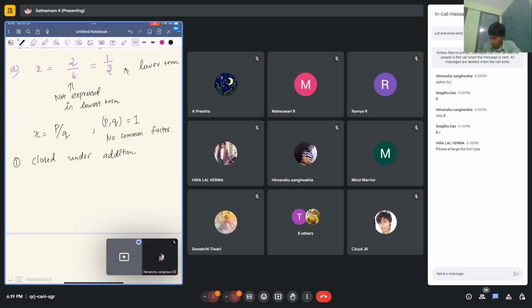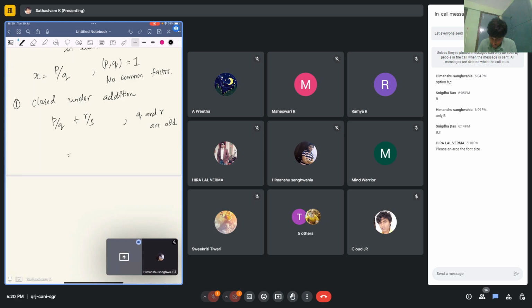So let's take two rational numbers, p by q plus r by s. What we know is that q and s are odd. If you add it, what you get is (ps plus qr) by qs.